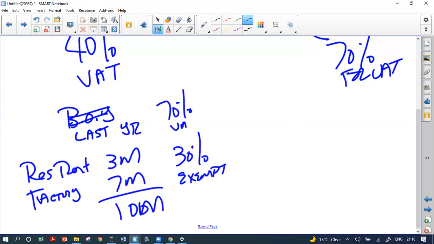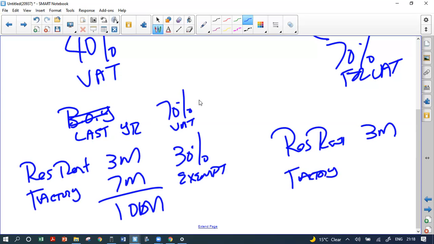That's what it was last year. This year, residential rent has stayed at 3 million, but my factory sales have gone through the roof because I make sanitizers for people with COVID, and I've made 27 million rands worth of sales. Okay, so my new sales is 30 million.